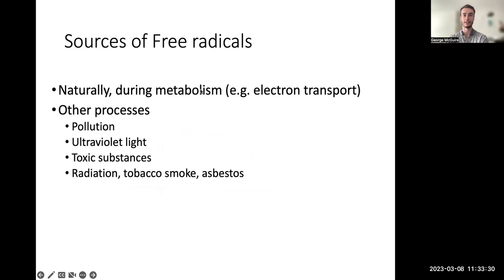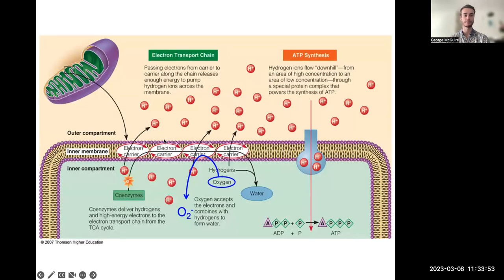And so again, this is a natural process that occurs during our metabolism, but they can also be increased in frequency due to pollution, air pollution, due to too much sun exposure with those ultraviolet lights, from toxic substances like smoking tobacco, and then other things like radiation, asbestos, toxic substances.